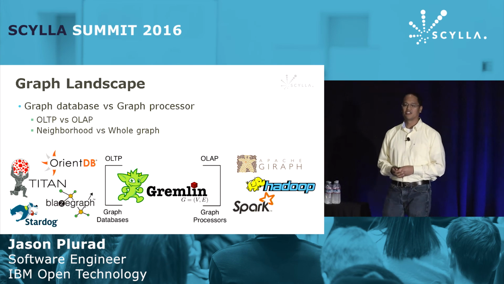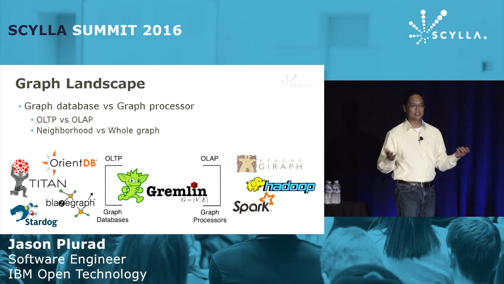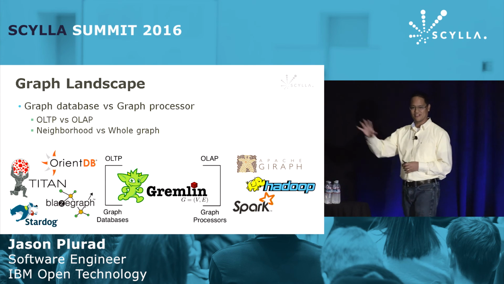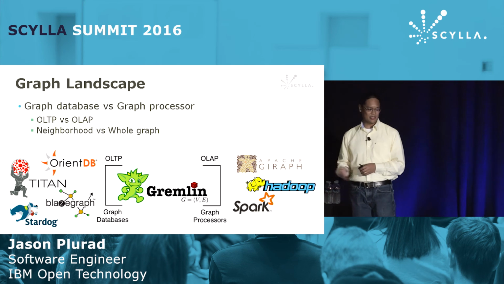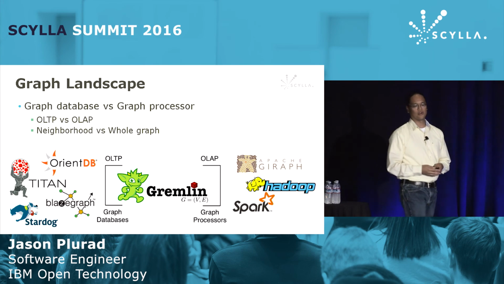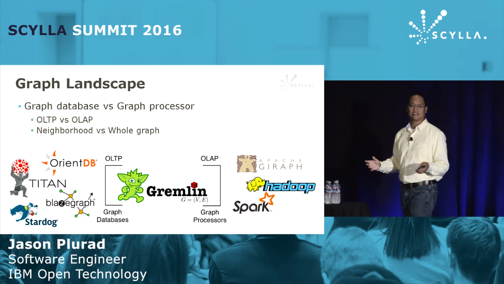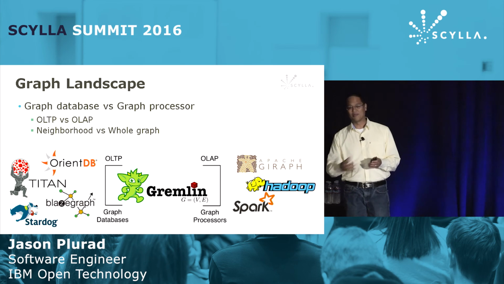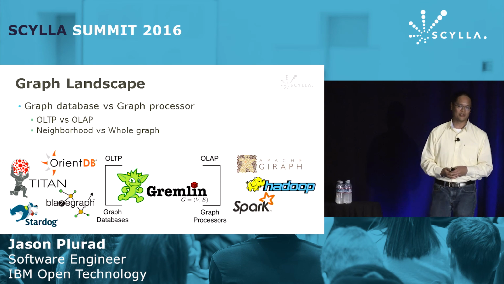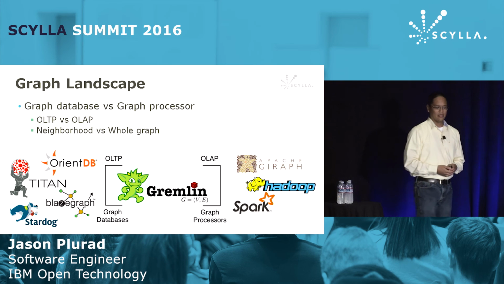So if you wanted to say, show me the top 100 people who liked Star Wars, even though it sounds like you're asking a small query, you're actually going through every single person in the graph to find out whether they match that criteria or not. Another use case for OLAP would be an algorithm that tried to find every path between, say, A and X. There might be one shortest path between them, but once you consider all the backtracking and potential loop conditions between nodes, the number of paths can explode.